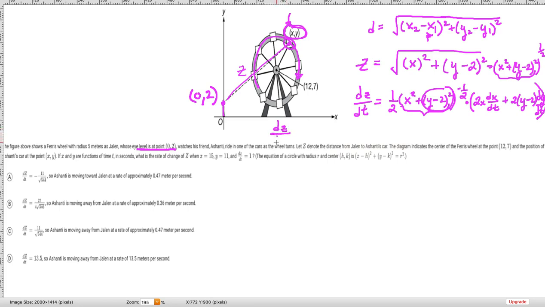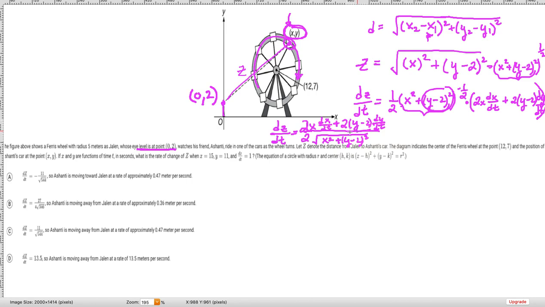I'm going to write it so it's a bit clearer: I have 1/2, and x squared plus y minus 2 squared stays on the bottom, and on the top I have 2x dx dt plus 2 times y minus 2 dy dt.